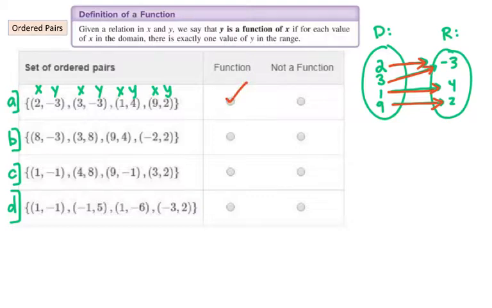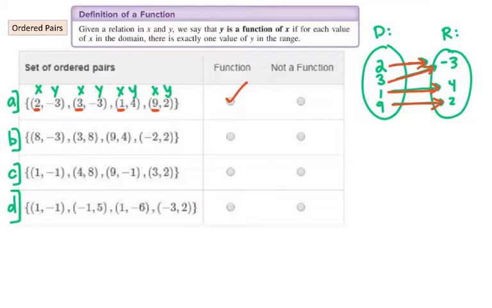Now, a shortcut way of looking at it in the list of ordered pairs is this. Look at each input. Each input is different. So we know we're not going to run into a problem. We only run into a problem where you have an input giving you 2 different outputs. So you'd have to have 2 different points with the same input giving us different outputs.